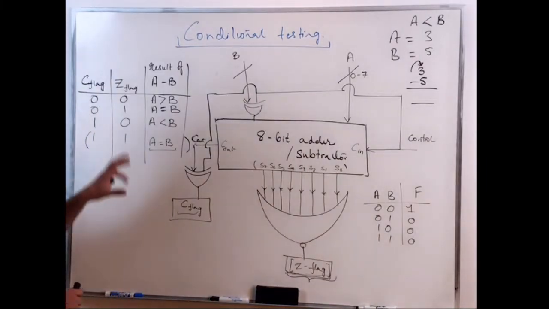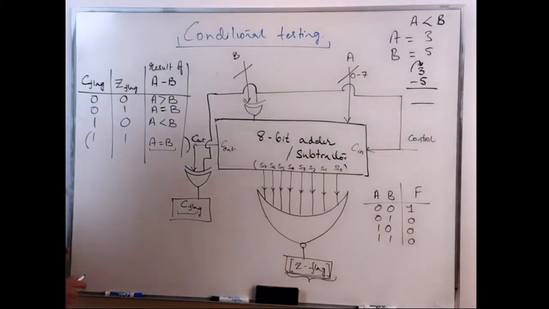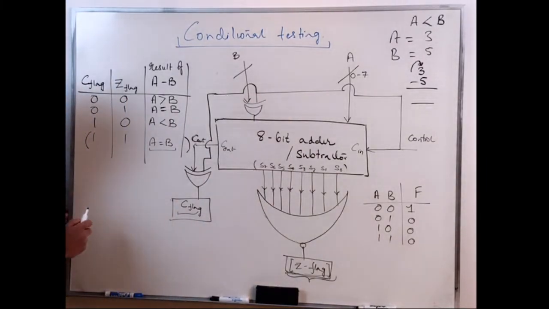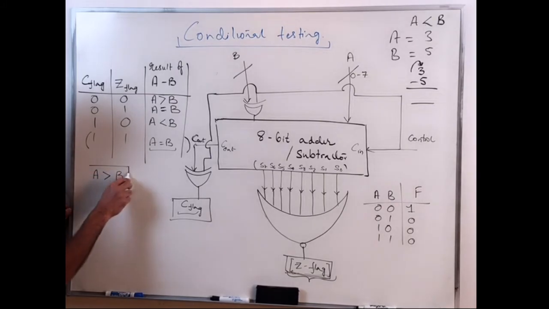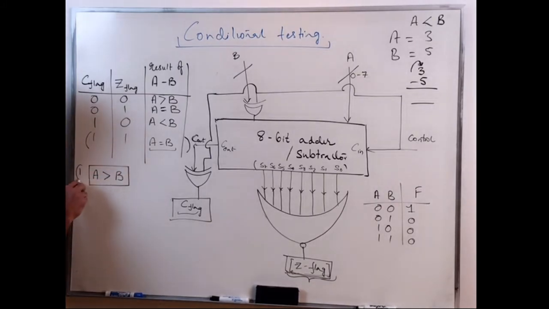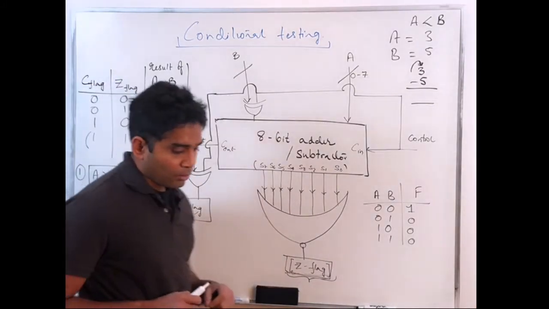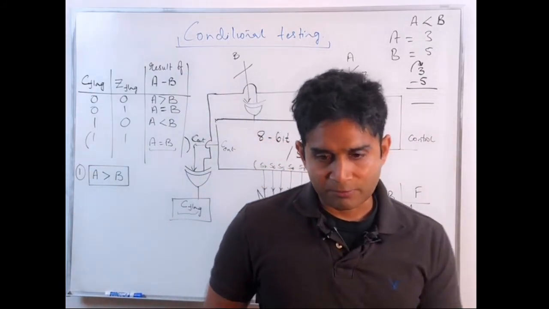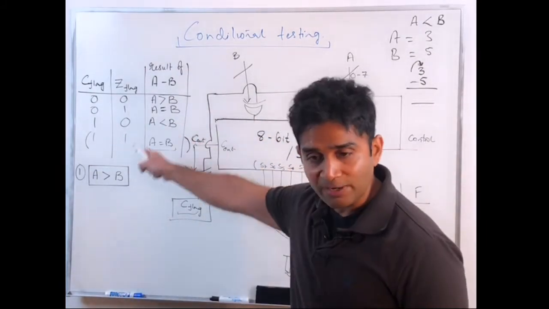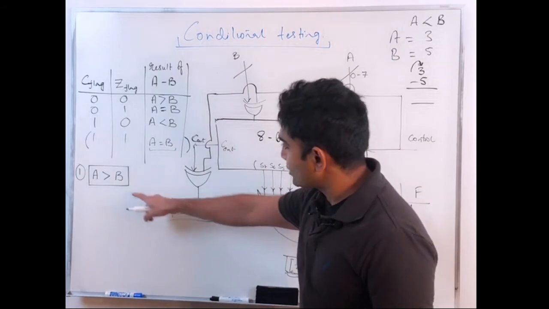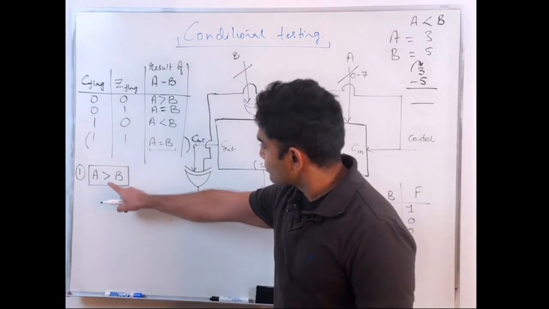Okay, from this truth table, now I will be able to derive the conditional testing for A strictly larger than B. Let's actually start with that first case. As the first case, what kind of combination between C flag and Z flag should I test to ensure that my A is strictly larger than B?